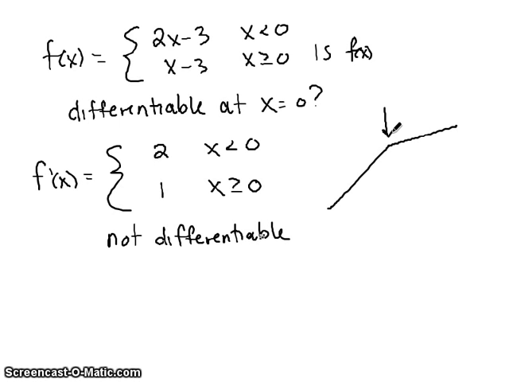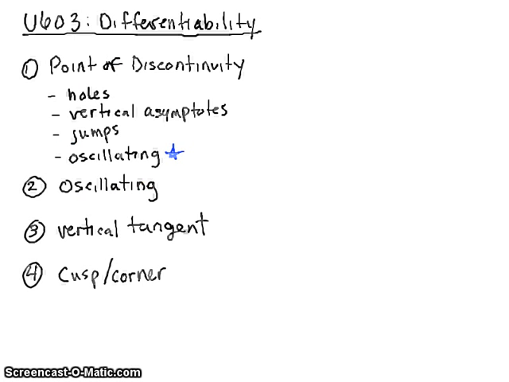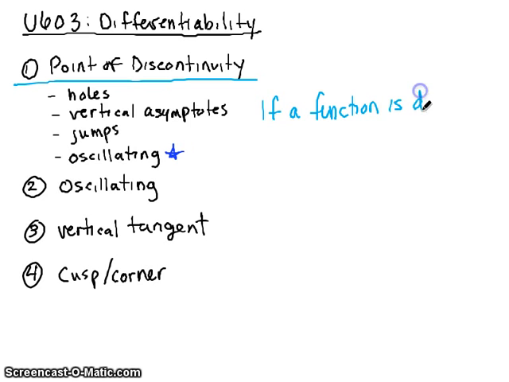The last thing that I want to say goes back to our four types of non-differentiabilities. Since we're saying a function that is not continuous, so if there's a point of discontinuity, is not differentiable, the converse of that would be if a function is differentiable, then it is continuous.